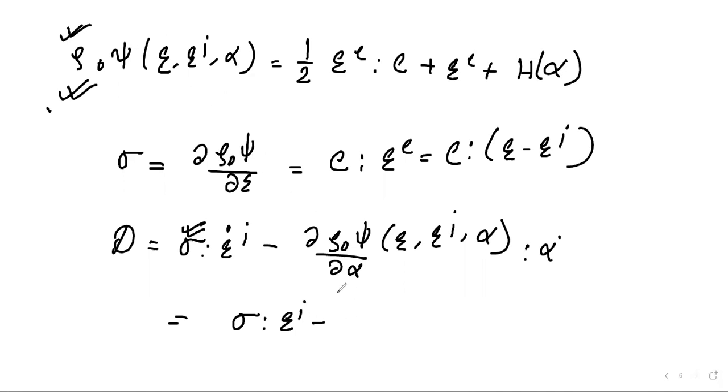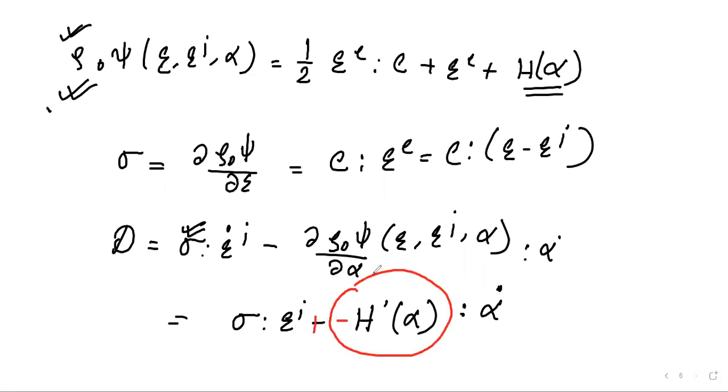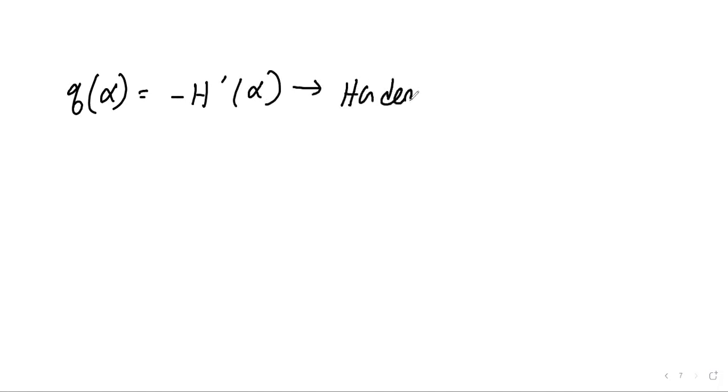When you take the derivative with respect to alpha, what you get is the derivative of H dotted with alpha, contracted with alpha dot. We're going to call this expression, minus H dot of alpha, the hardening variable. So we're going to denote Q of alpha by minus H dotted with alpha. This is called a hardening variable.